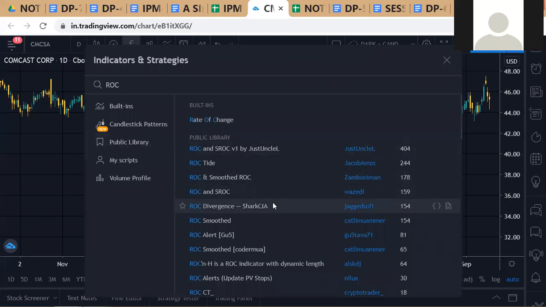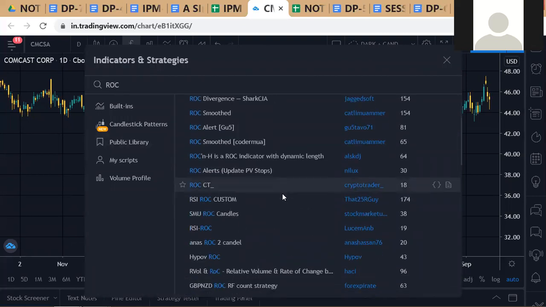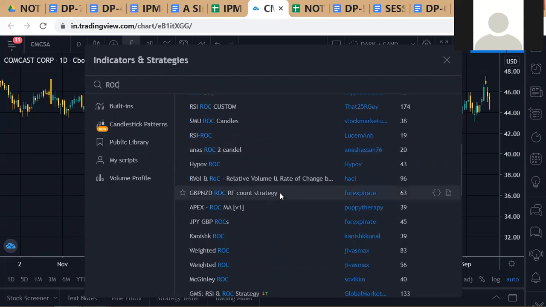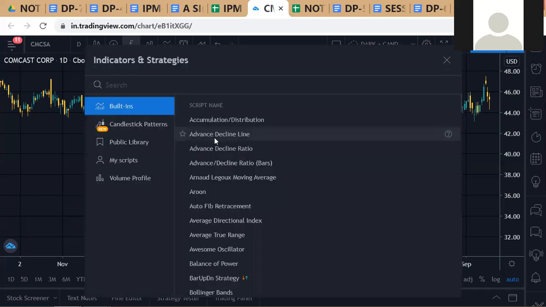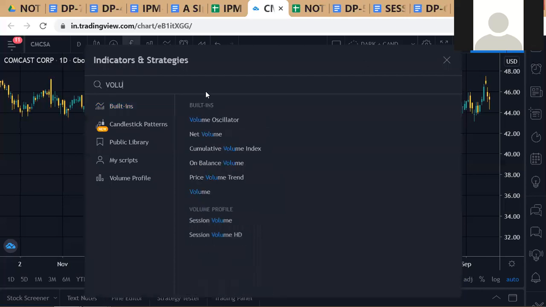Let me see. I don't have the TWS open right now, but I understand. So let's at least put the volume in. I'll just put the volume in one second. Let's see what they have on volume: volume, session volume, price volume trend, on balance.